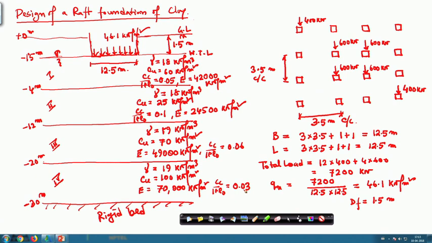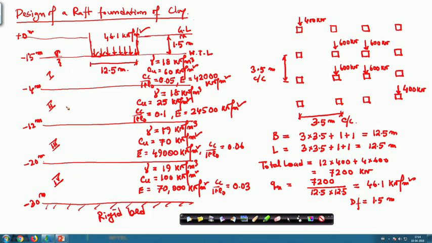And remember that for the bearing capacity calculation our influence zone is B, and B is 12.5. So 12.5 will be somewhere here, and below that 1.5. That means most of the influence zone is in the second layer. The lowest Cu value under the foundation is 25, and that is for the second layer.